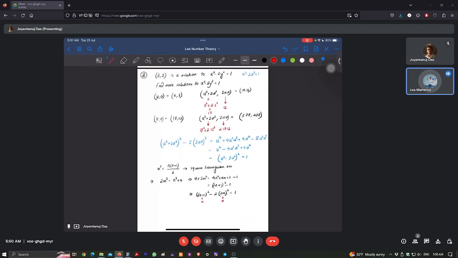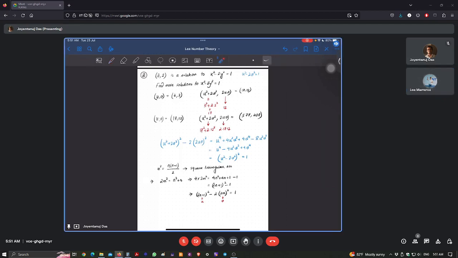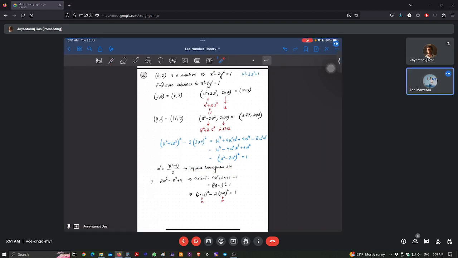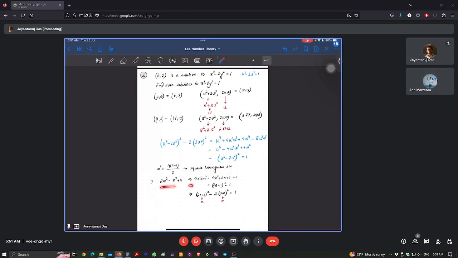What I'm saying is I want to find square triangular numbers, right? So I just simplified and got this equation.